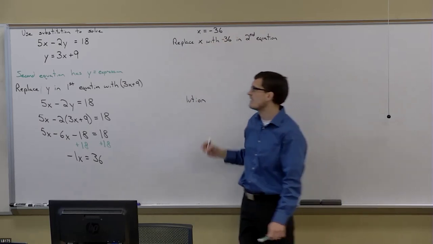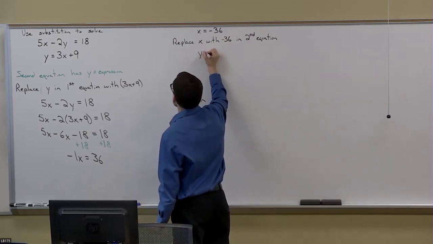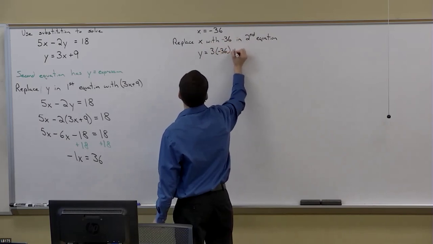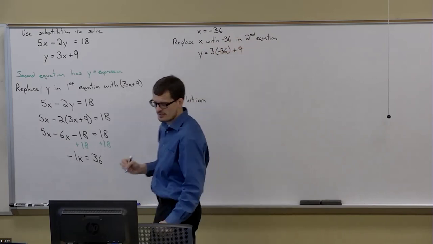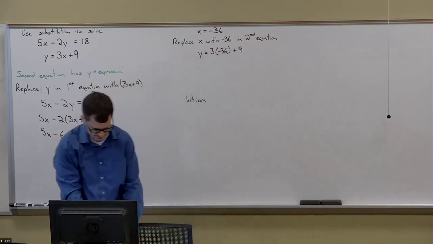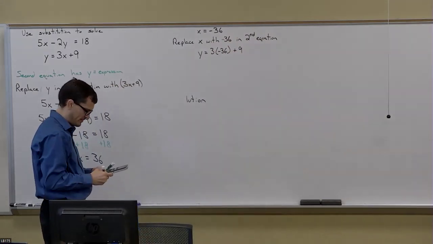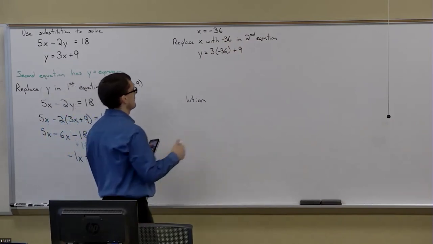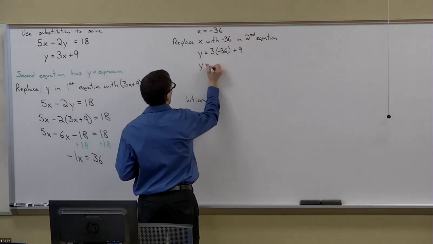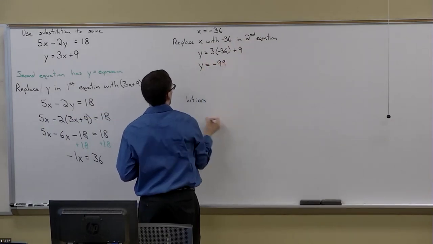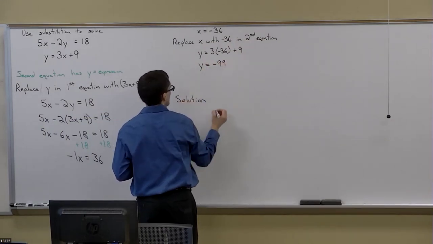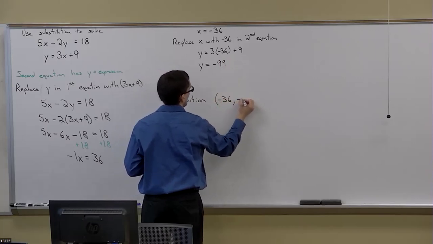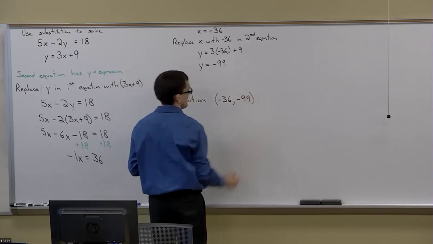So I'm going to do that. y equals 3 times -36 plus 9. 3 times -36 plus 9 is -99. So the solution is the point -36, comma, -99.